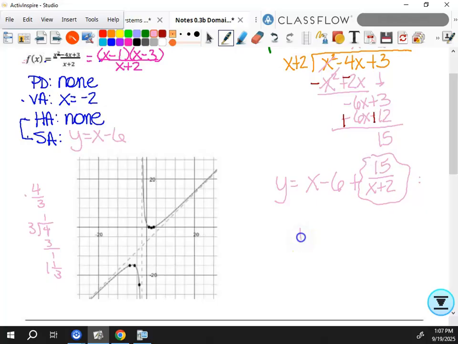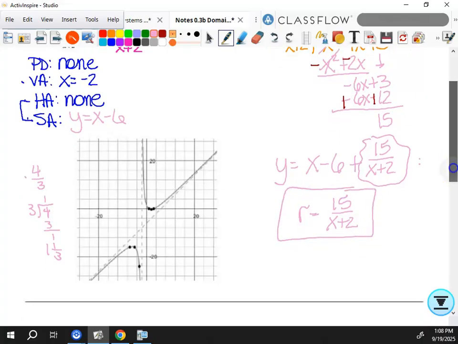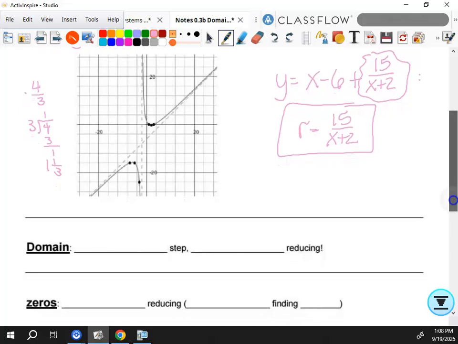Okay, so your remainder is 15 over x plus 2, right? This is our remainder. What this is, so if you look at this function, do you see how the curve itself here versus here, it's farther away from the line here than it is here? You see that as it gets closer and closer? Okay.